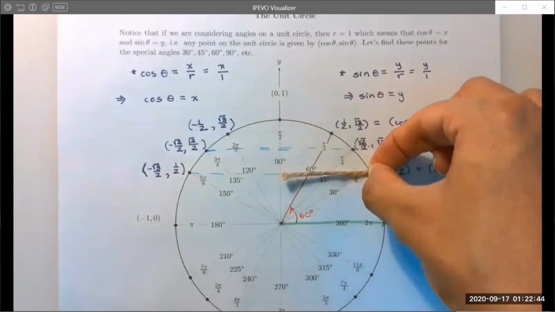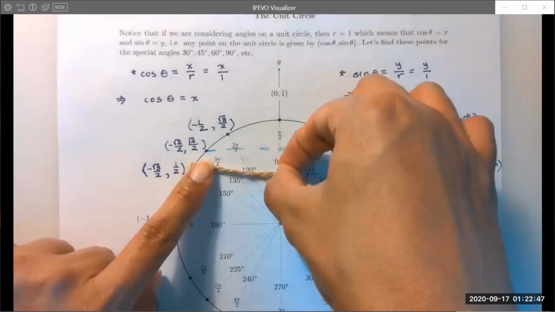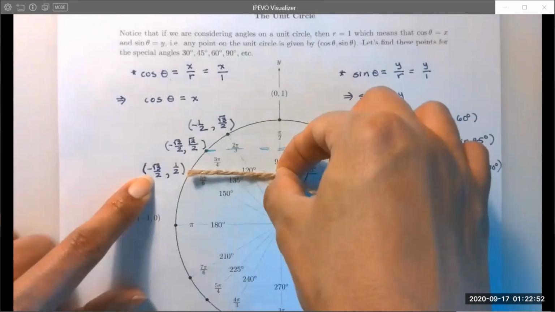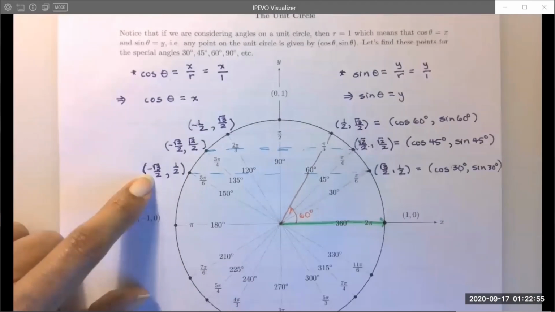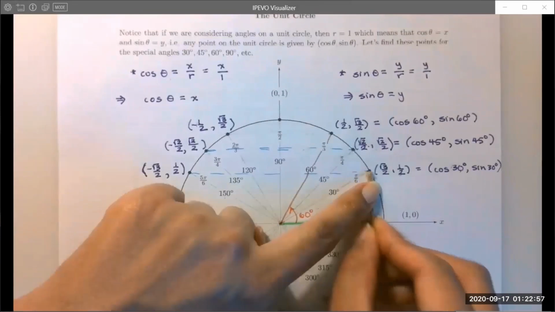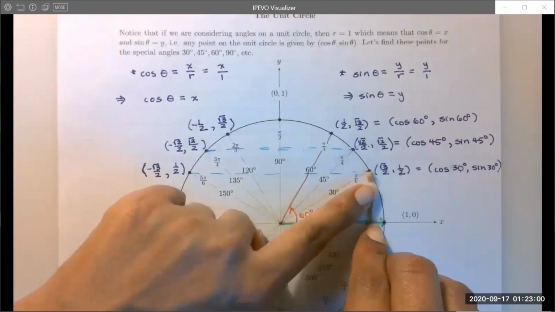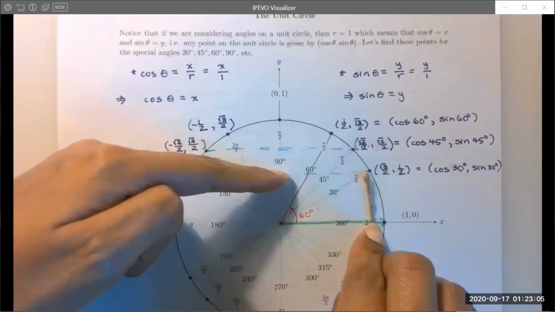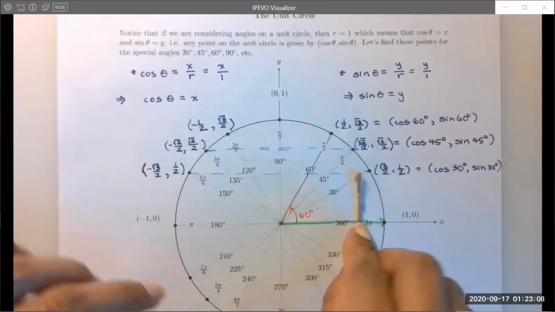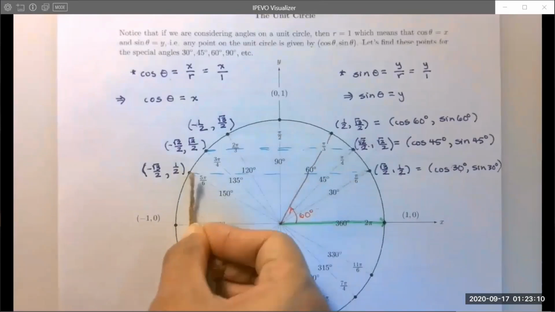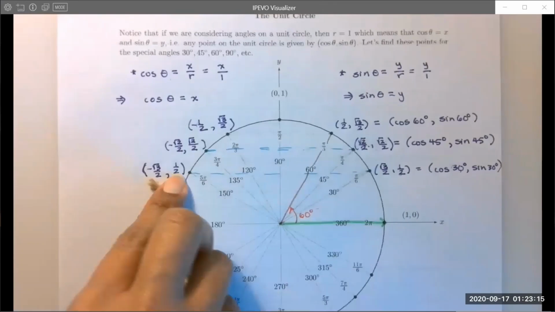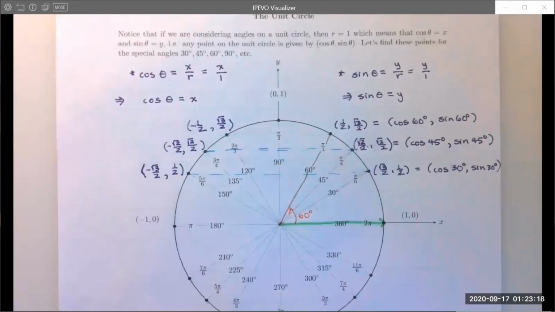And then if I move that over, that's the same distance, but going in the negative direction. So I'm going to get a negative square root of 3 over 2 for x. If we think about the y, the distance from the x-axis up to that point is 1/2. I have that same distance from the x-axis up to the reflected point, so the y remains the same. It doesn't change. Is that okay? You guys have any questions?